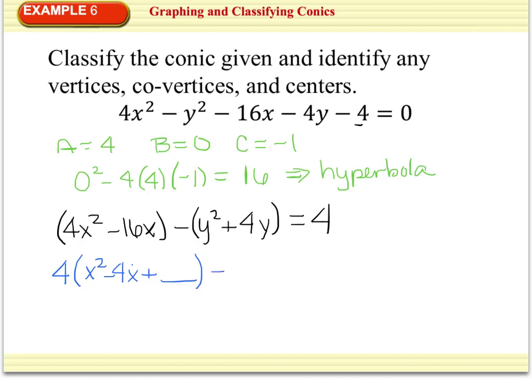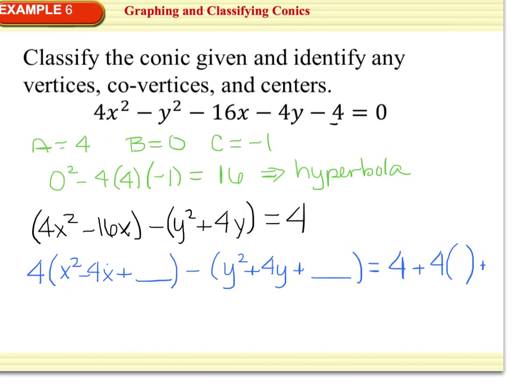And then I have minus, my y squared term has a coefficient of 1, so I can just go ahead and leave that as y squared plus 4y plus another term, and this is going to equal 4 plus, now because of this I had to pull a 4 out over here, I'm also going to have to include that 4 over here, because that's going to be 4 times whatever the term is that I complete my square with. And then I'm going to have plus my y value.